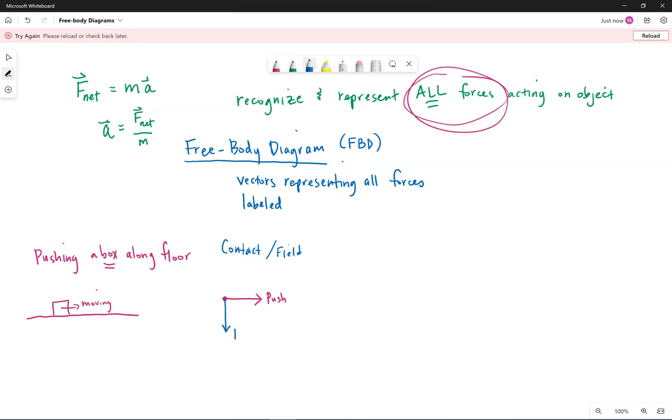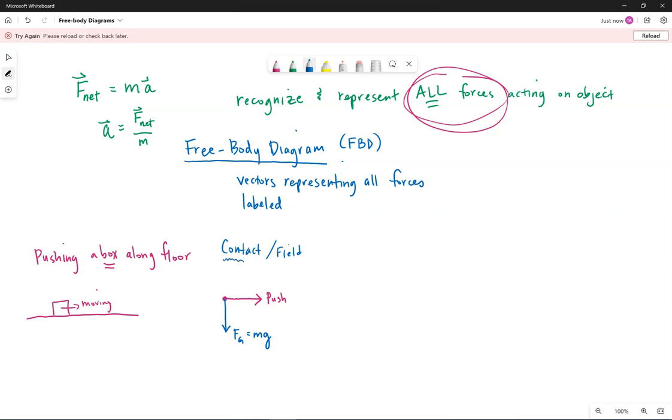Whether we label it as F sub g or just go ahead and say mg in the first place, that's fine. Either way, but we need to label that vector so that we know what that vector represents. Which force does it represent? Okay, that's the only field force.